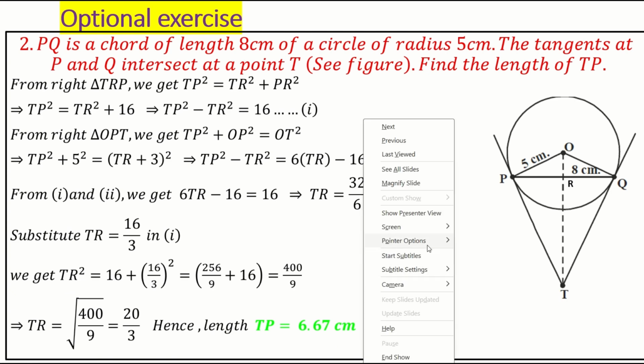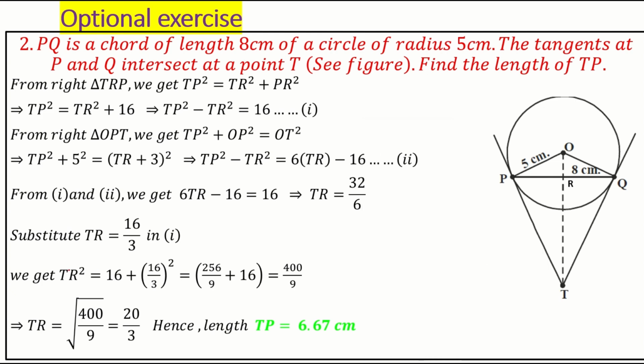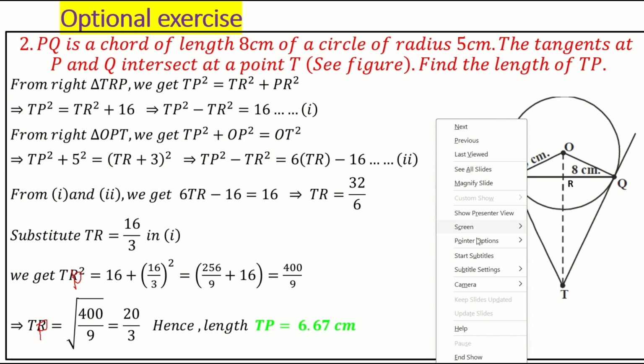So let me correct it. This is TP. Here we already got as 16 by 3, right? So TP square equal to this value and TP is nothing but 6.67 centimeters. Okay.